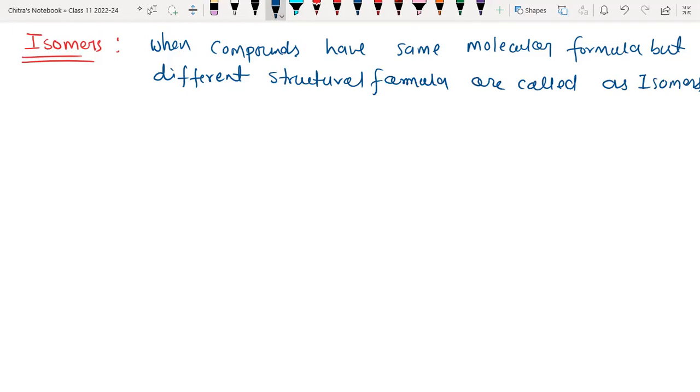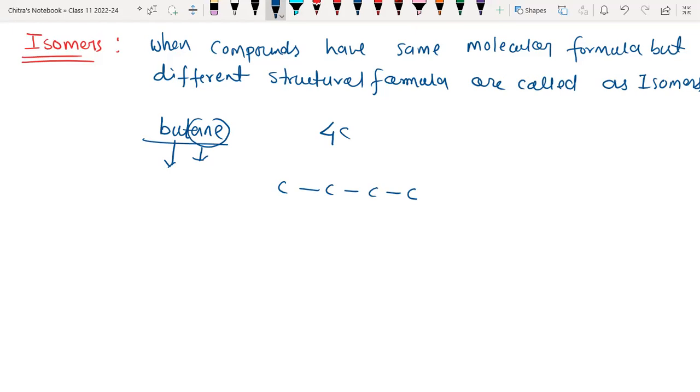So first we have to understand an example also. Suppose we have, I'm just writing butane. Butane represents a 4 carbon chain, so I'm writing 4 carbons: 1, 2, 3 and 4. And we know that the 'ane' represents all carbon-carbon single bonds.